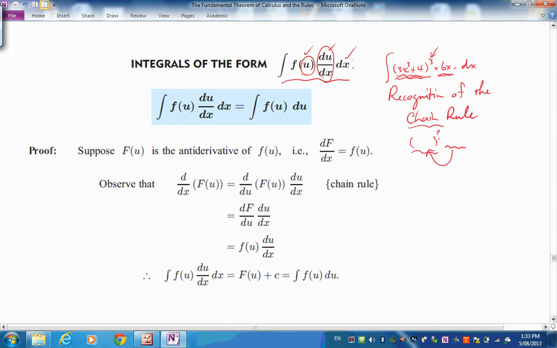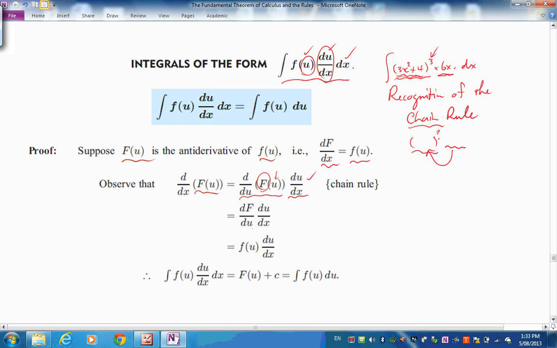So let's have a look. Suppose F of u is the antiderivative of f of u. So derivative of F of x is f of u. Now, the derivative of F of u is the derivative with respect to u of F of u times the derivative of u with respect to x. That's doing the two parts. Taking this function, ignoring that, then timesing by the derivative of it.